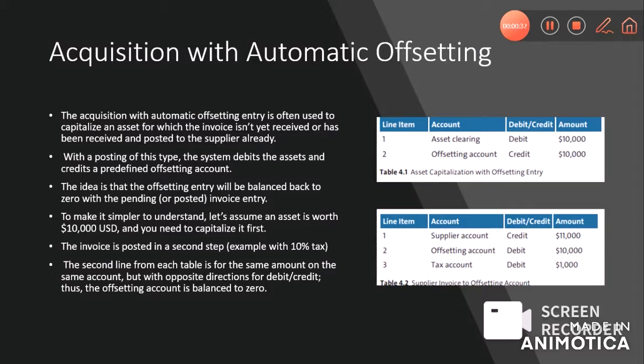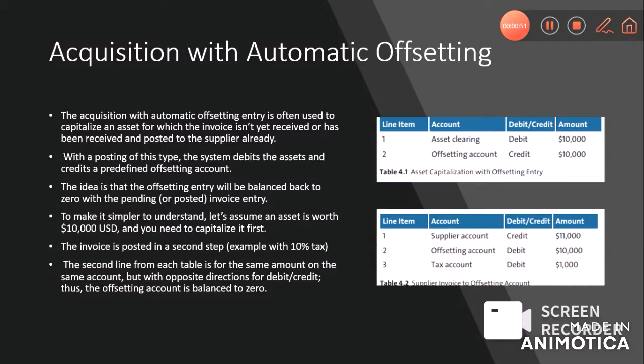So when still we have to capitalize the asset, but we haven't received the invoice, or otherwise it has already been posted, in such type of scenarios, we use this acquisition with automatic offsetting.